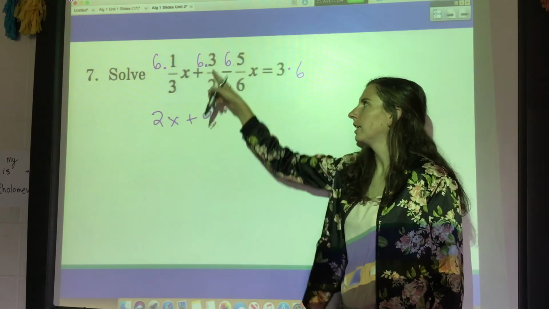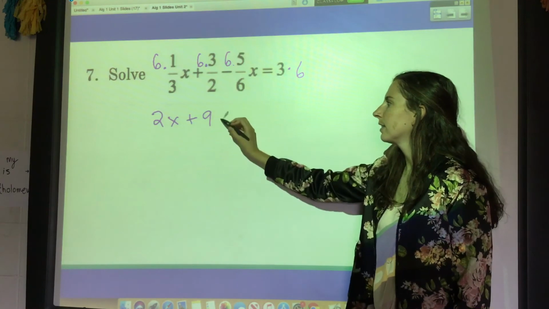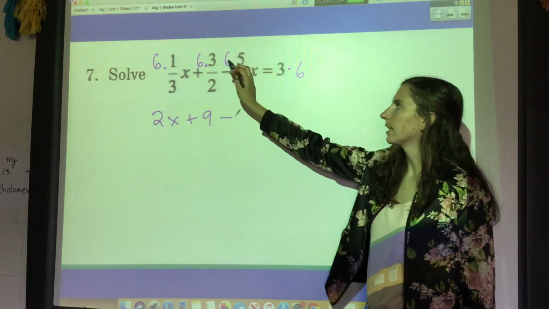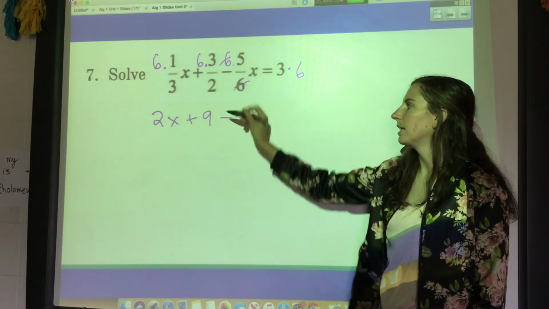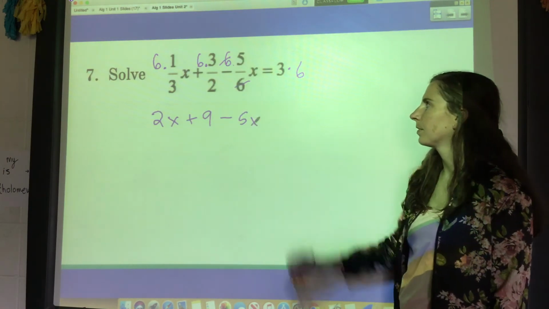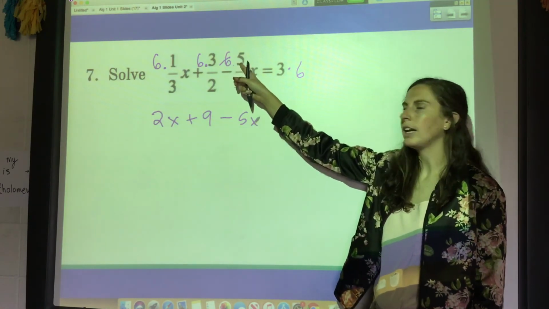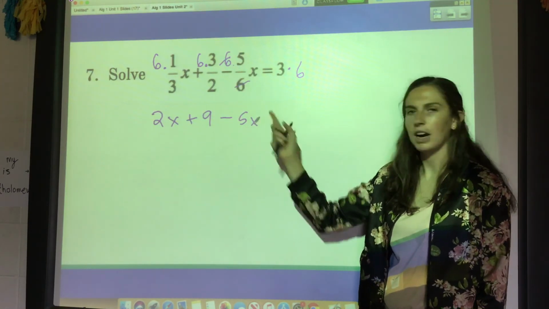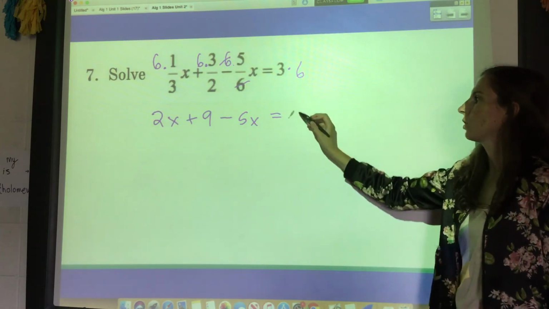Or 3 times 3 is 9. Minus, these 6's just cancel out and leave minus 5x. Another way of doing that would be 6 times 5 is 30 divided by 6 is 5. And that all equals 3 times 6 or 18.